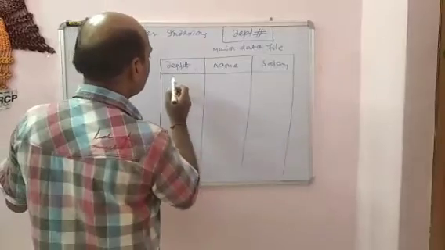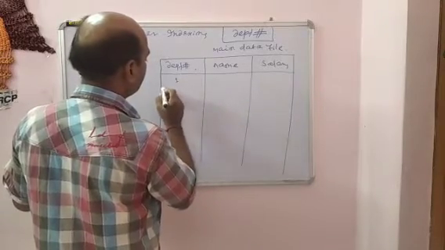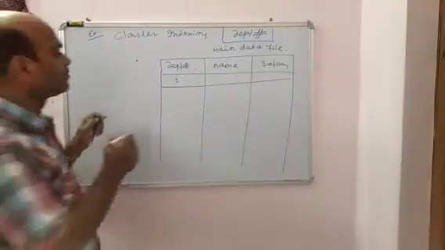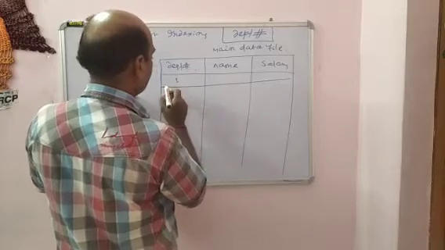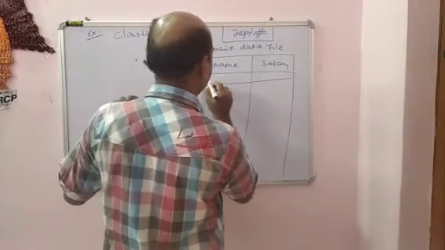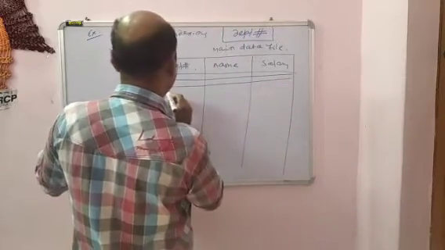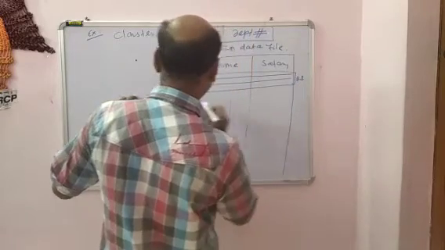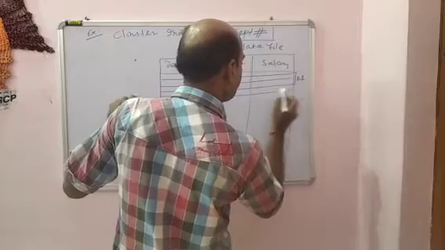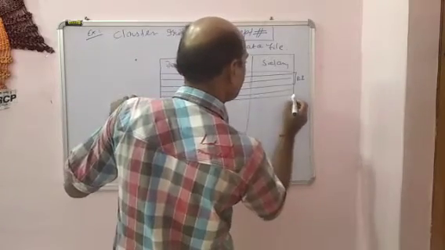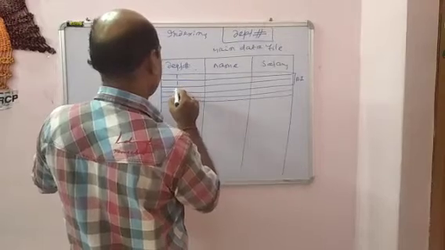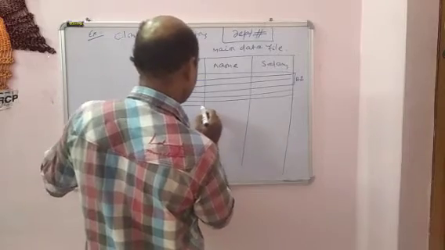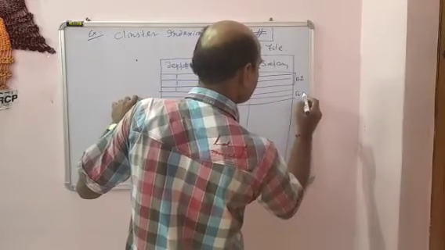So here, suppose department 1. This is block 1. This is block 2.